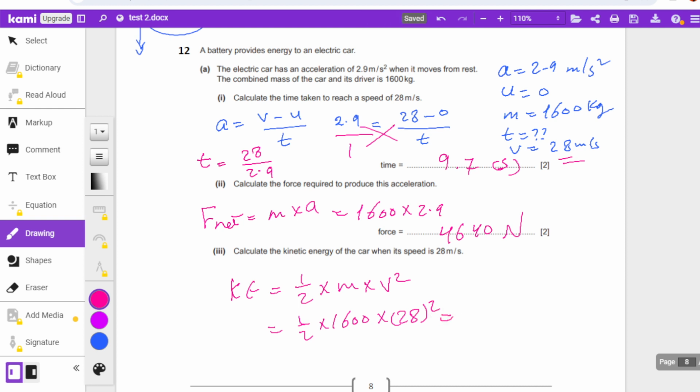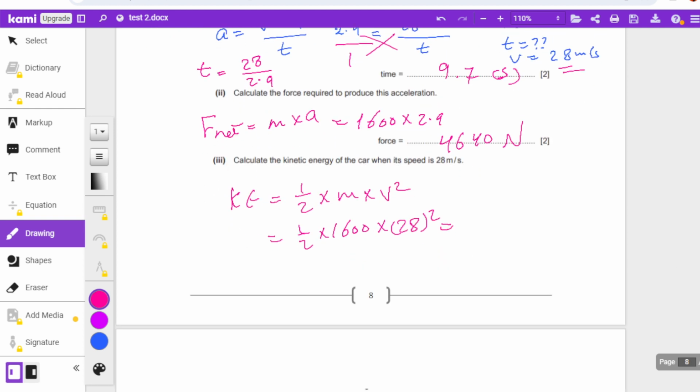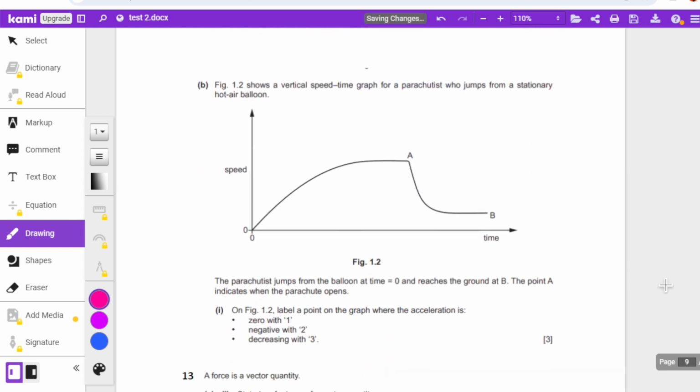So 28 squared multiply 1600 multiply half equal 627,200 joule. The unit of energy is joule. Now let's move to the next.